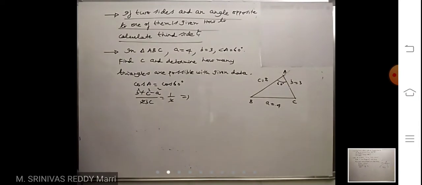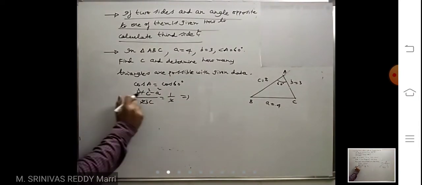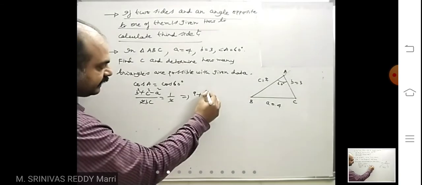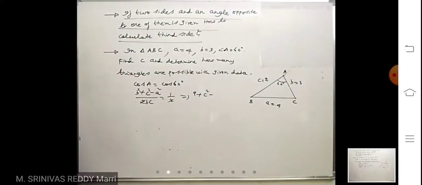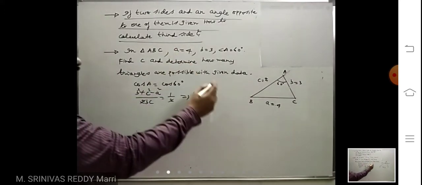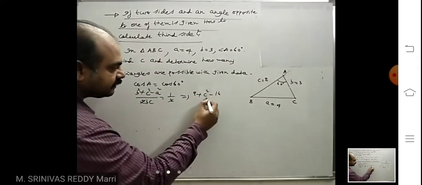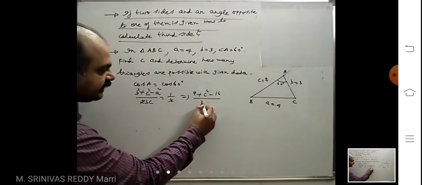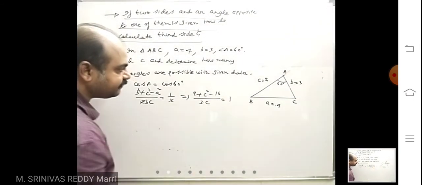B square is 9, plus c square, minus a square, which is 16, divided by b, which is 3, and c which you need to calculate. This is 1.